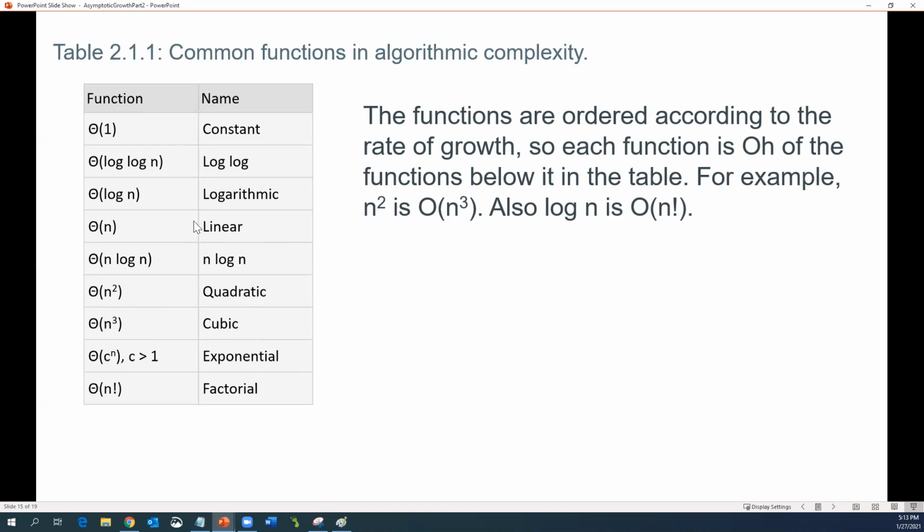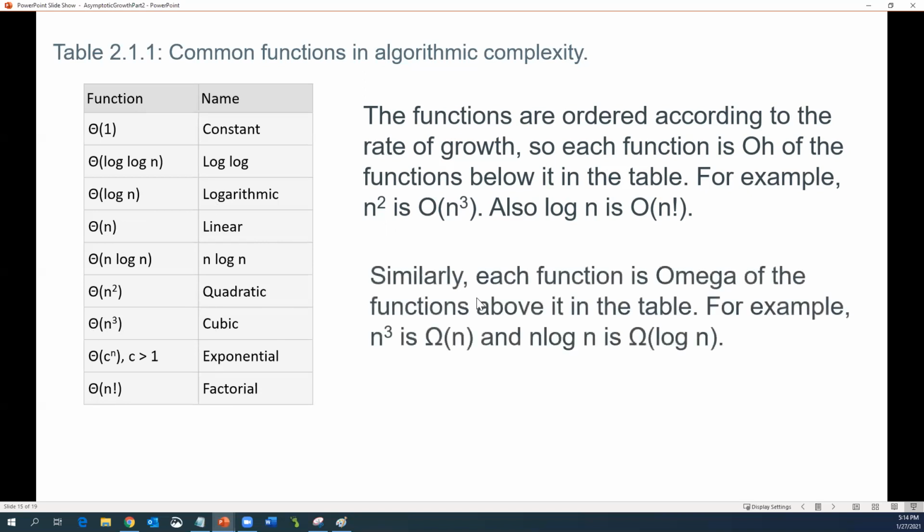So I could say a function n squared would be O of n to the third, because n to the third would always be above n. Basically, what I'm trying to say is as we go further down in the table, our curves go up faster and faster.